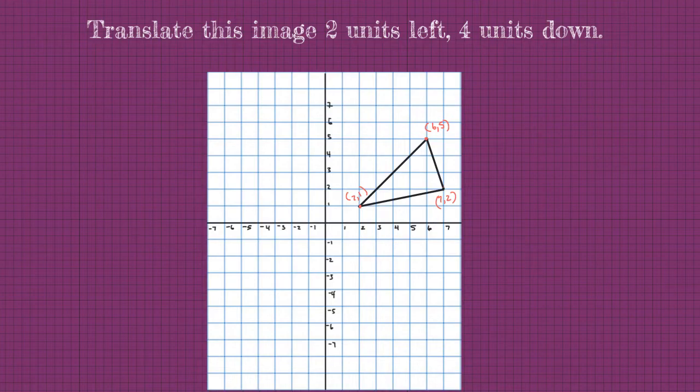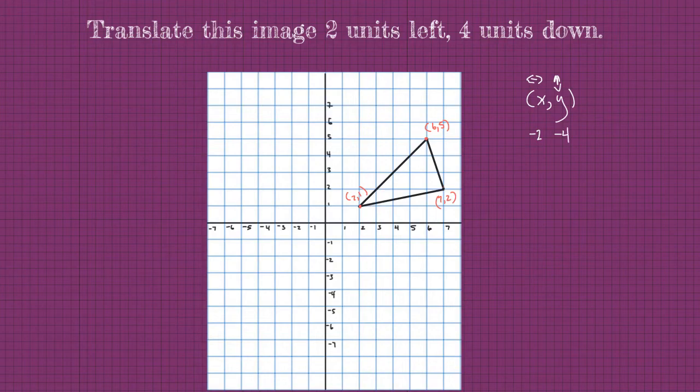Remember, our coordinate system is pretty much written as (x, y). So whenever moving left or right, that is dealing with the x coordinate, and up or down is dealing with the y coordinate. So we know that to the x coordinate, we're going to be subtracting 2 because we're going to the left 2. And then we're going down for the y coordinate, so we're going to be subtracting 4 from our y coordinate.